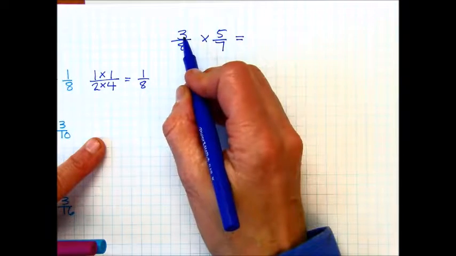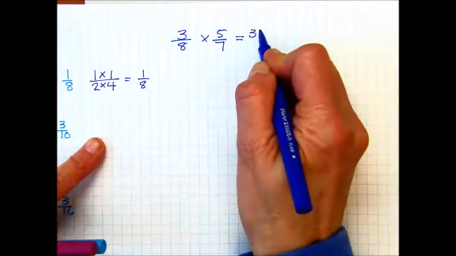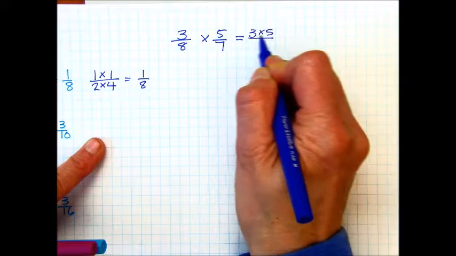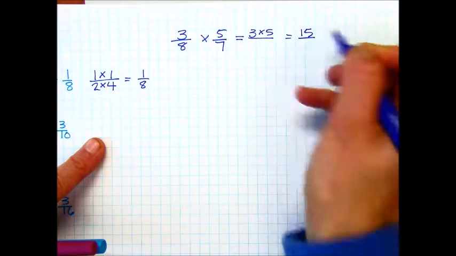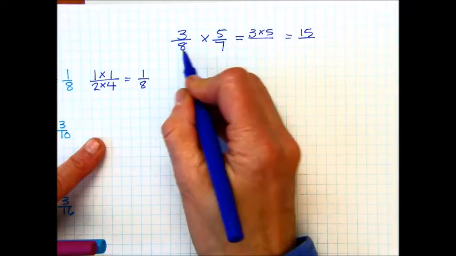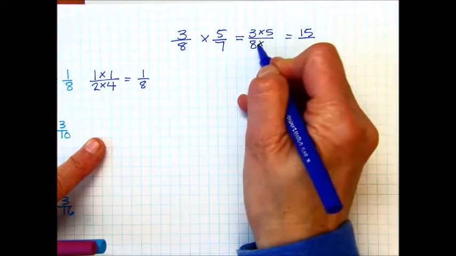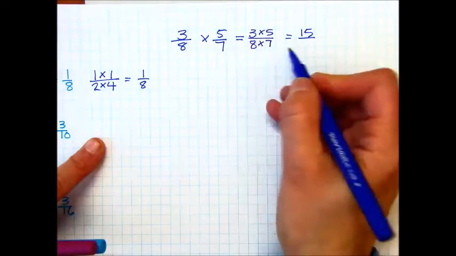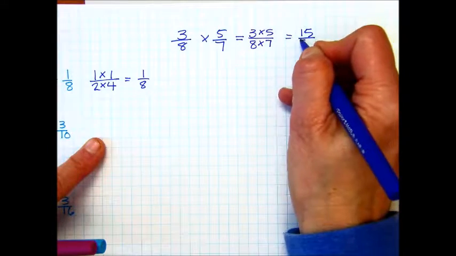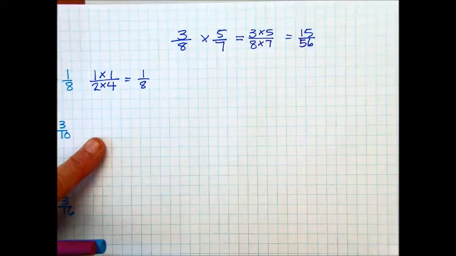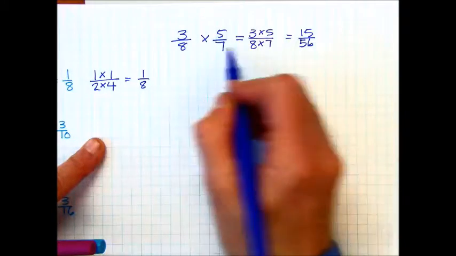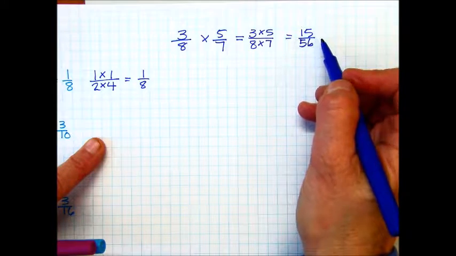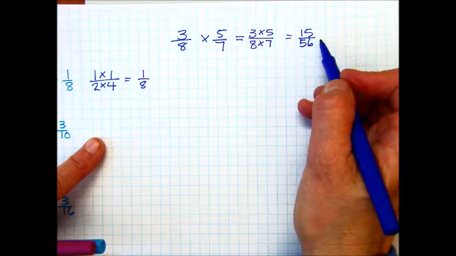What's happening here is we're multiplying the 3 by the 5. 3 times 5 is going to give us the 15 on top. That's the numerator. 8 times 7, that's going to give us 56, I believe. So we've got 3/8 times 5/7 is going to give us the 15/56.